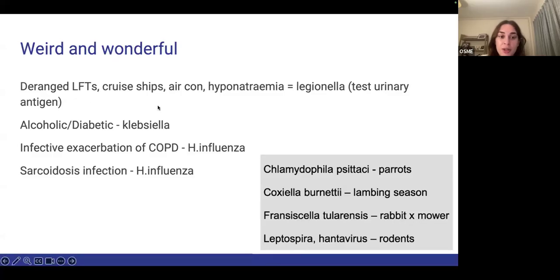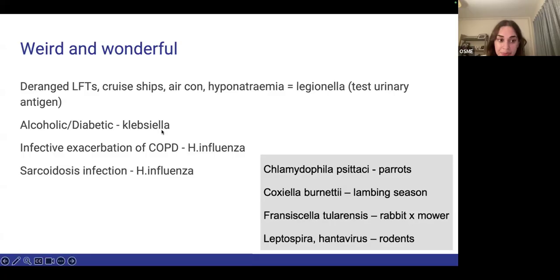So if the patient's got pneumonia symptoms, but they've been on a cruise ship, or exposed to aircon, so they've been in a hotel or something, it's Legionella, and the way you test for it is a urinary antigen. If the stem mentions that they've got uncontrolled type 2 diabetes, if they're being really mean, they might give you an HbA1c and show that their diabetes is poorly controlled, or they're an alcoholic, so they might also give you some LFTs, though I think it would be quite mean of them to do that.